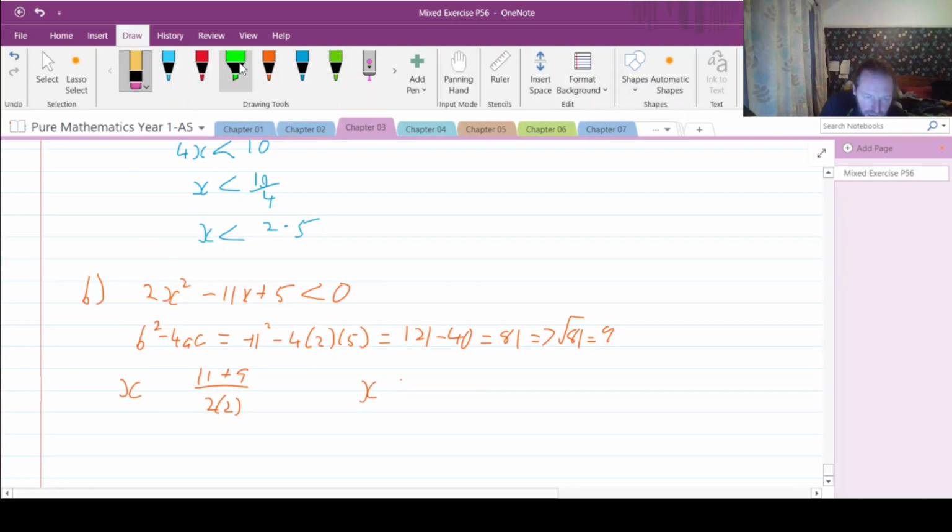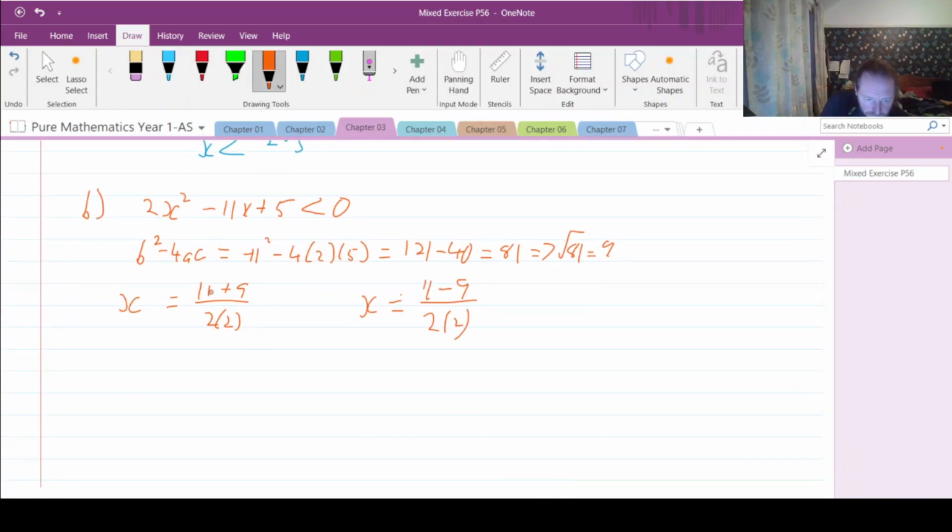Let's just leave them as equals for a moment and do the solve. 11 plus 9 is 20, divided by 4, so x is equal to 5. And then 11 minus 9 is 2, 2 divided by 4, x is equal to a half.